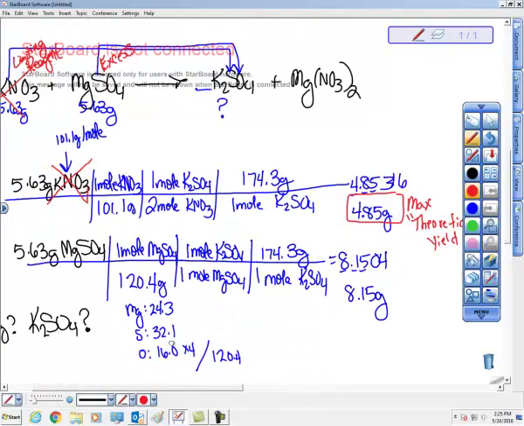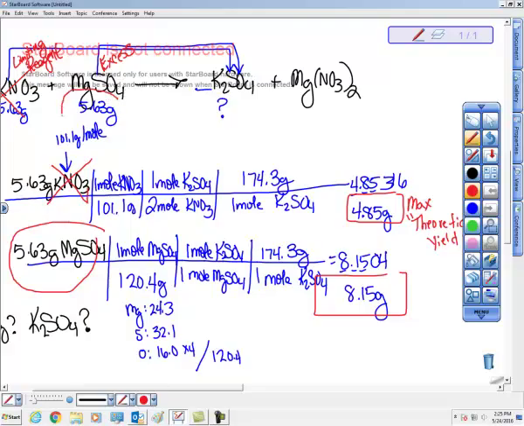Now, we did not make all of this 8.15 grams. What that means is that the MgSO4 is in excess. We used some of it, but we did not use all of it. So the problem continues, and it wants you to figure out how much excess is left over. We've identified that MgSO4 is in excess.